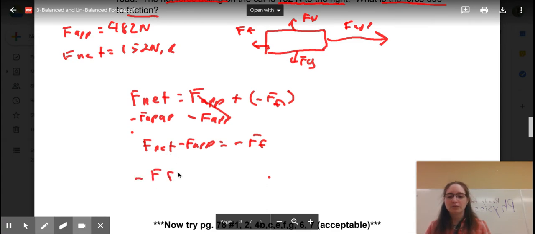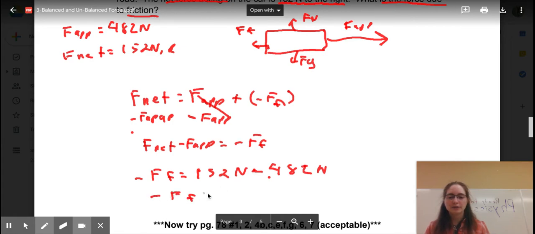So my negative force of friction is going to equal my Fnet of 152 newtons minus my force applied, which is 482 newtons.